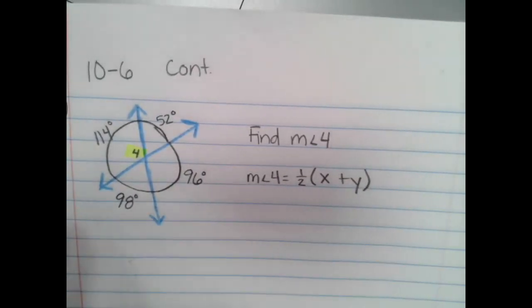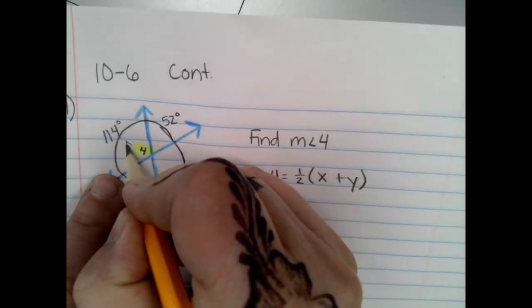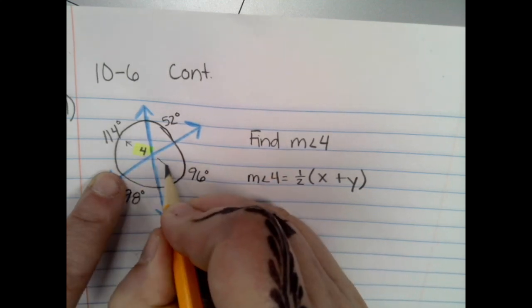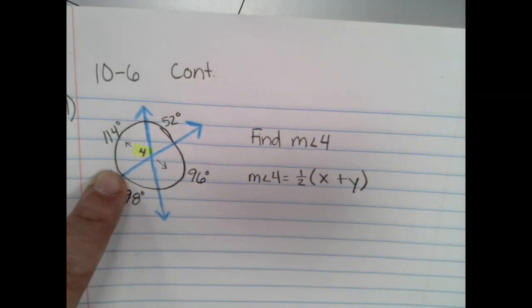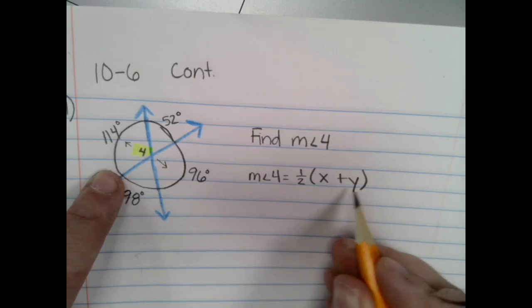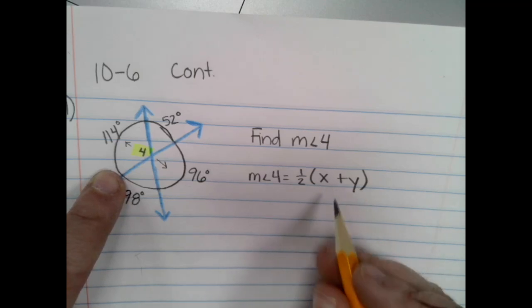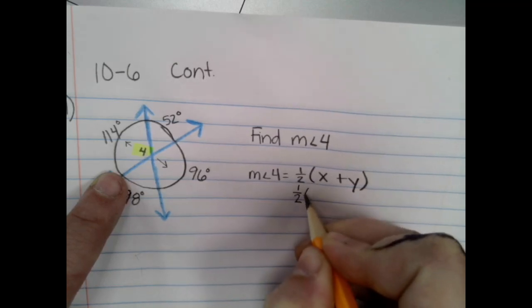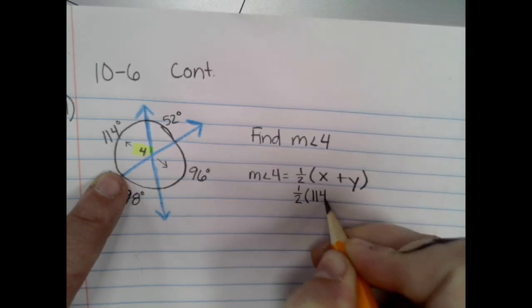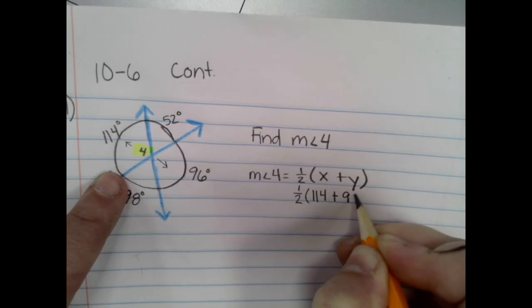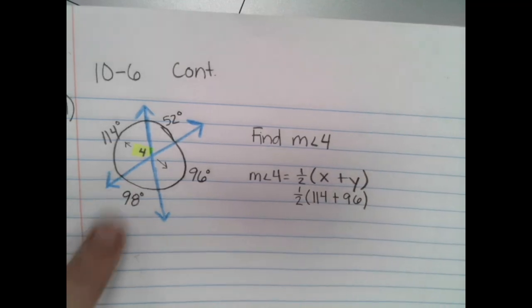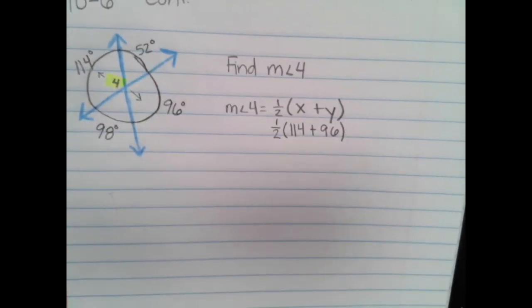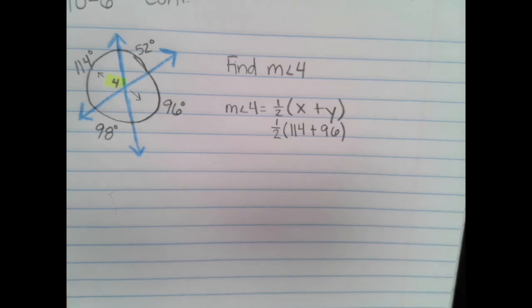All right, so now the arcs that are across from angle 4, I have one that's 114 and one that's 96. Doesn't matter which one is x and which one is y. Can go in any order in this one. There's no bigger or smaller here. So I'm going to do 1/2 of 114 plus 96. Okay, if you're showing your work as you go, some people like to do that.